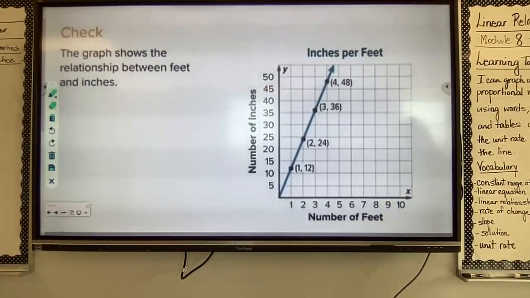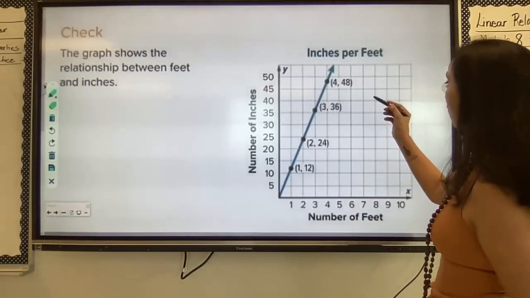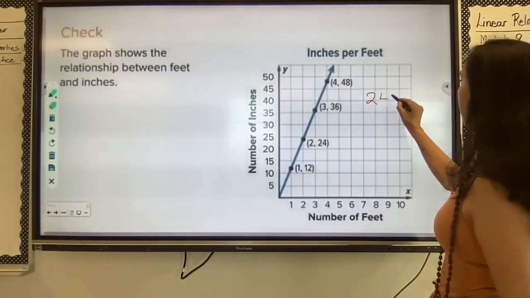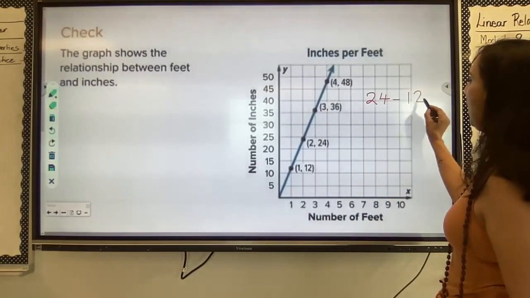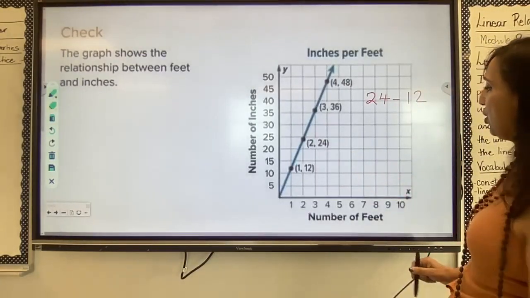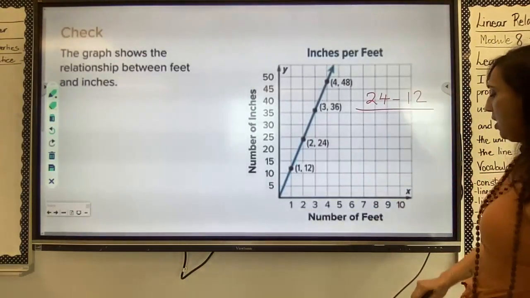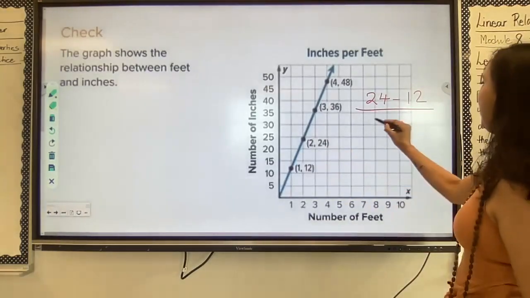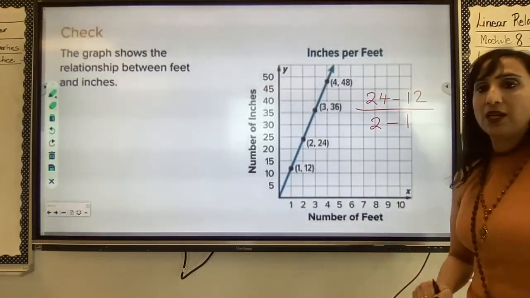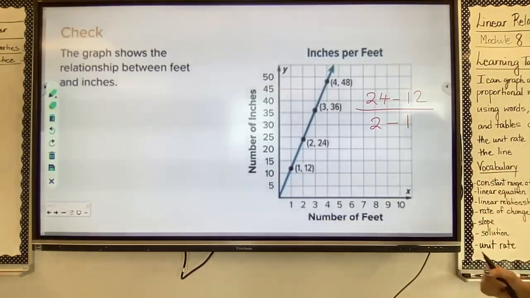Again, I'm going to do the change, which is 24 minus 12, which is the number of inches, over the number of feet, which is 2 minus 1. So I'm trying to find the rate of change.